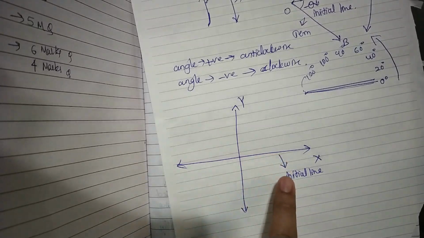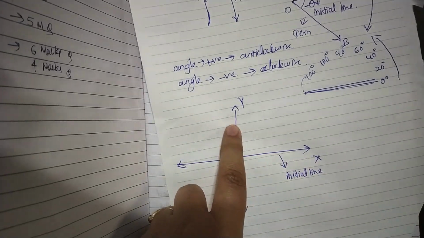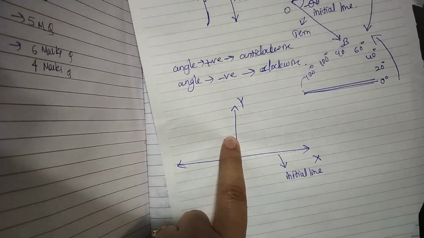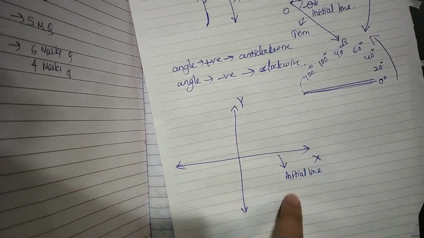So we always consider this x-axis as an initial line. You cannot take the y-axis as the initial line. So you cannot measure from the y-axis while defining slope.